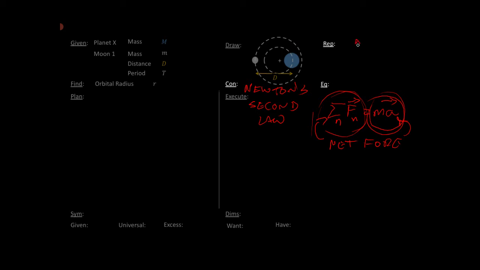A representation for all of our force problems is a free body diagram. Let's say this guy's going this way. So our direction of motion is t, and our perpendicular direction is r. And there's only one force. That's the force of gravitation, gravity, between these two guys here.